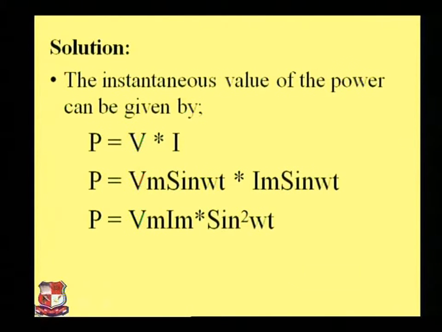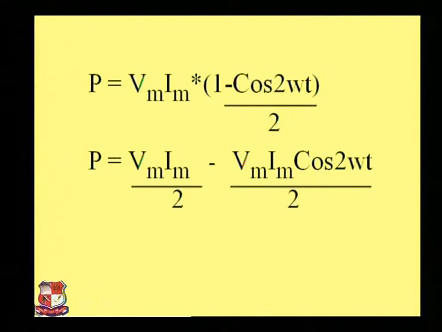Now mathematically just solve the equation. You can put 1 minus cos 2 omega t by 2 instead of writing sine square omega t. So the equation becomes P equals Vm into Im into 1 minus cos 2 omega t by 2.